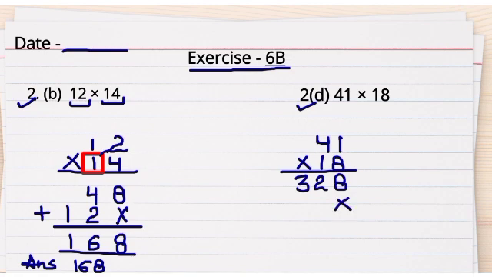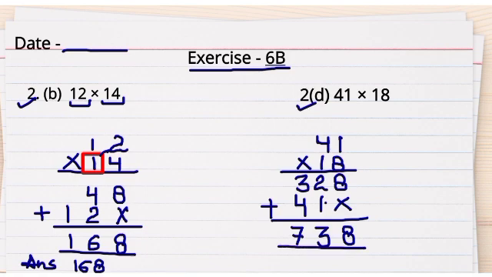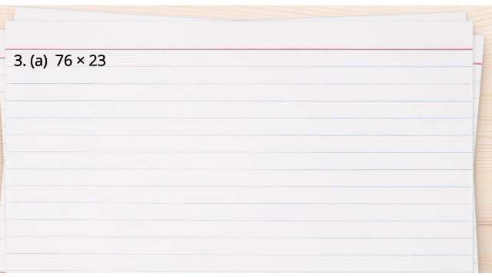Cross. 1 1s are 1. 1 4s are 4. Now add them. 8 plus cross 8. 2 plus 1 3. 3 plus 4 7. So what is your answer? Your answer is 738. Next, question number 3, A part.